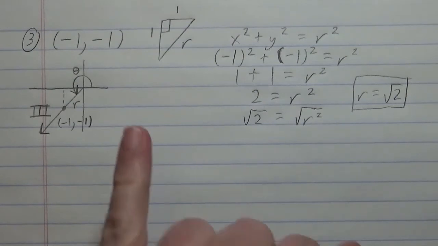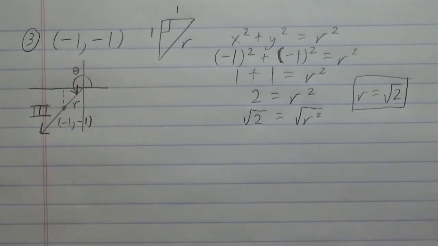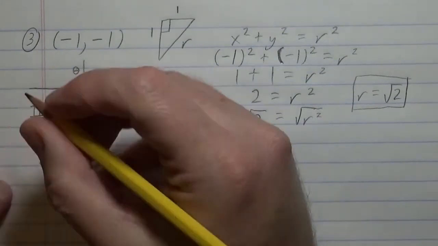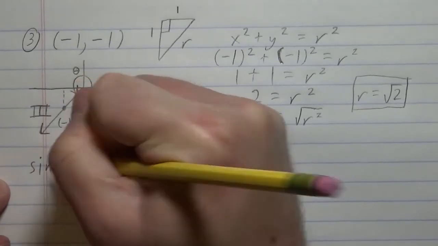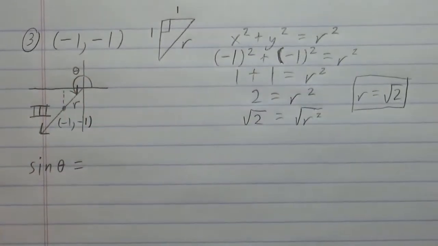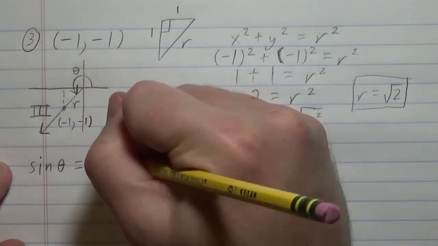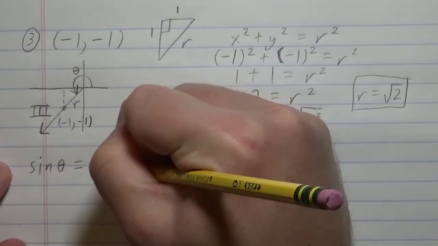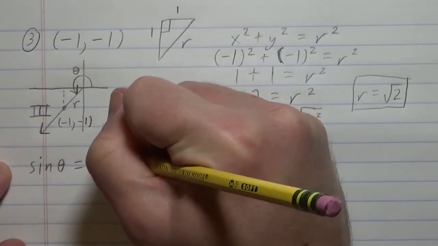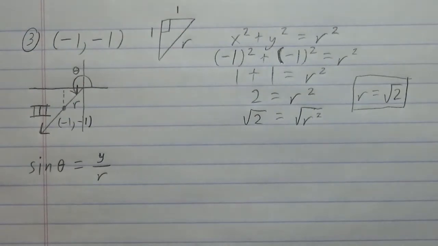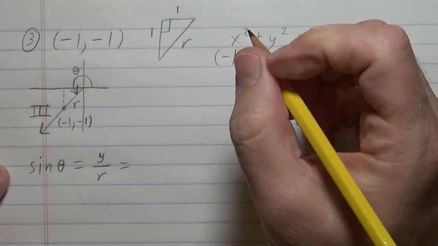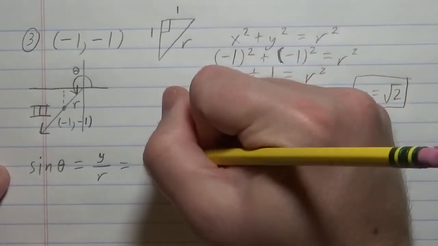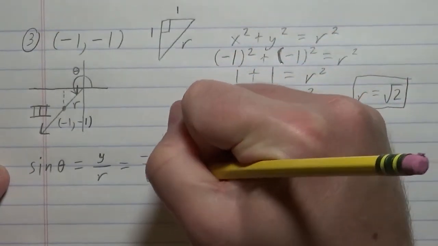We have 3 things. We're going to make 6 ratios. The sine ratio is defined to be, in trigonometry, the y coordinate over r, the distance from the point of interest to origin, which is -1 over root 2.